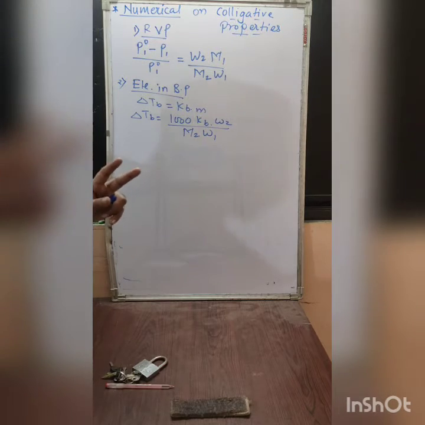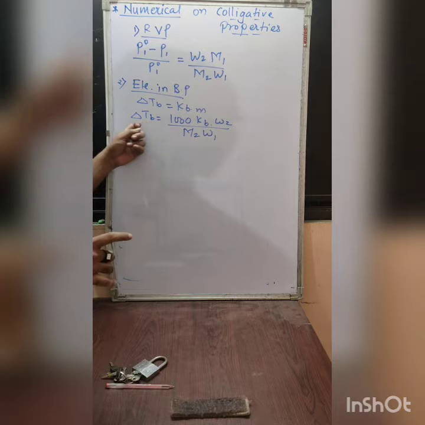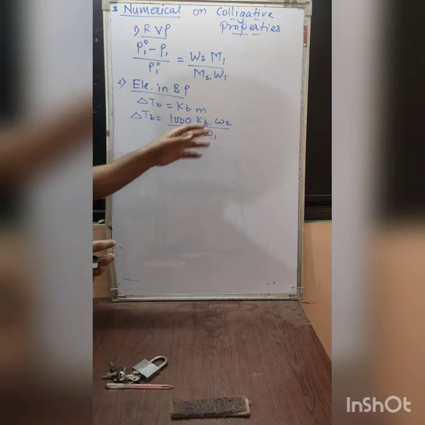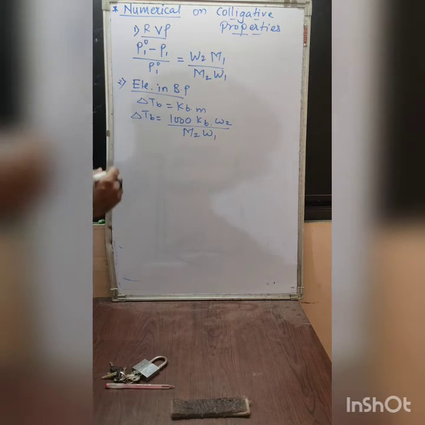When we solve the numerical, we will use the formula delta TB is equal to 1000 into Kb into W2 upon M2 W1.